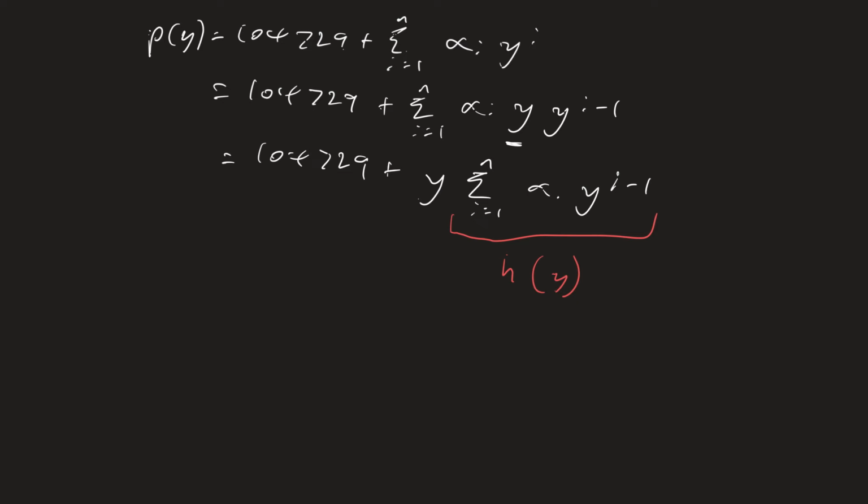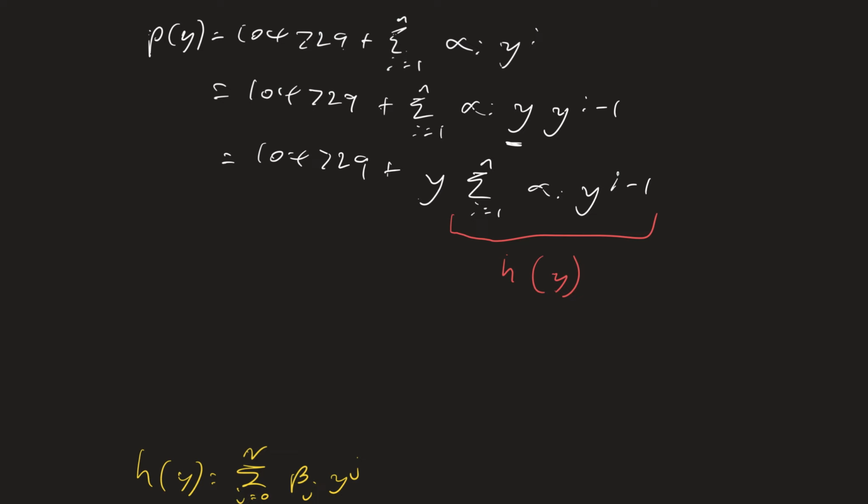And to do that, we have to express it in the form of an arbitrary polynomial. That is, we want to show that h of y is of the form the sum of j equals 0 to some number, I'll call it big N, of some coefficient times y to the j, like that.